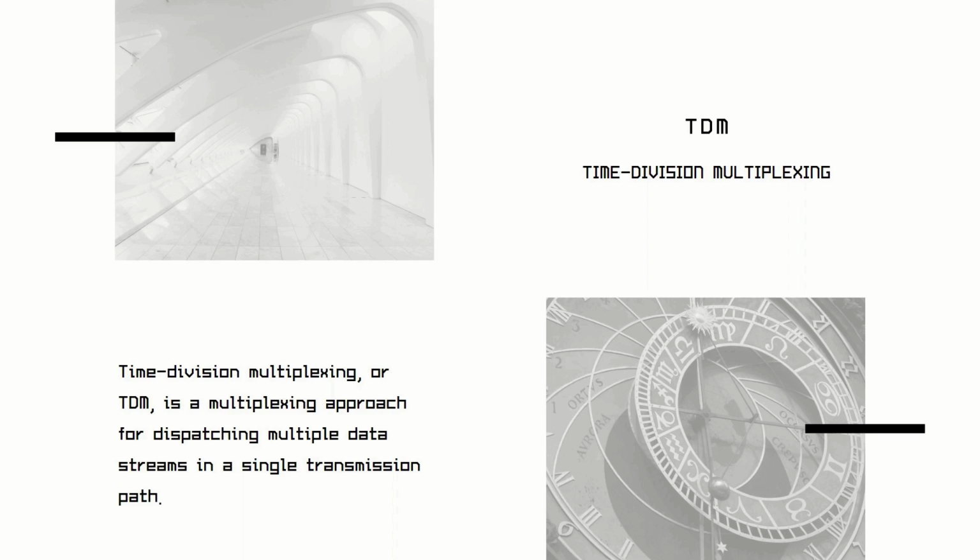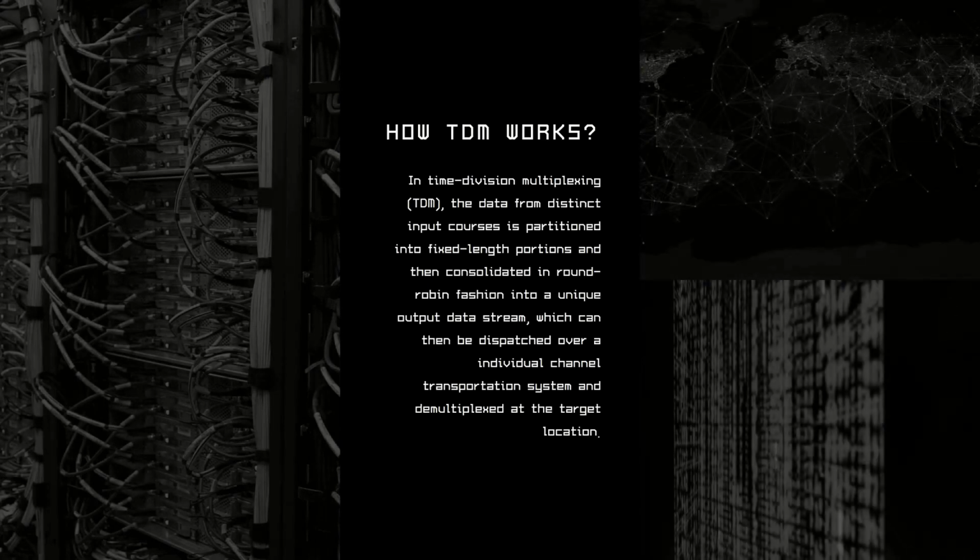Now, how does TDM work? With TDM, the data from distinct input sources is partitioned into fixed length portions and then consolidated in a round robin fashion into a single output data stream, which can then be dispatched over the transmission channel and demultiplexed at the target location, right?